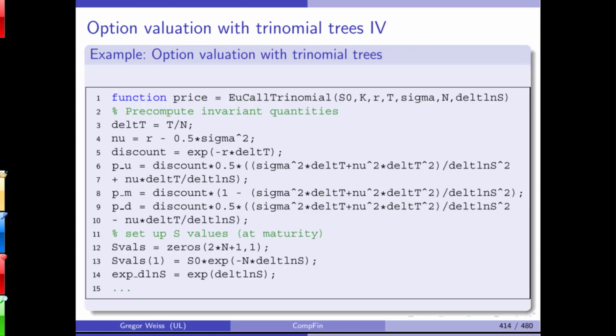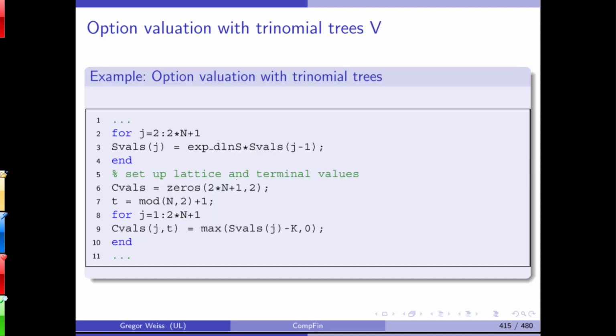We again pre-compute those invariant quantities. That's nu, delta n, the discount factor, P times U, P times M, and P times D times the discount factor. We set up the terminal values of the underlying. We calculate the terminal values of the option.